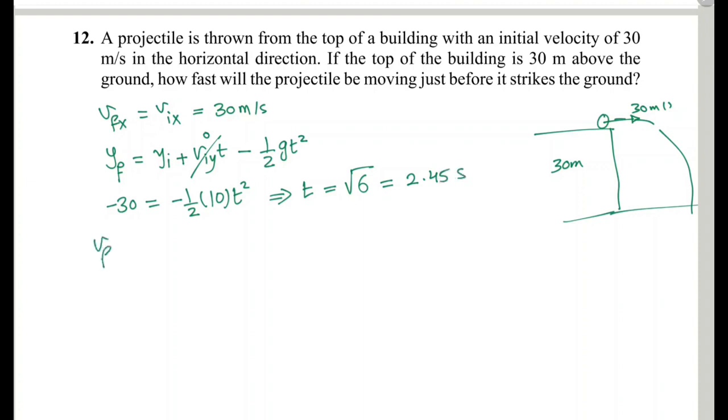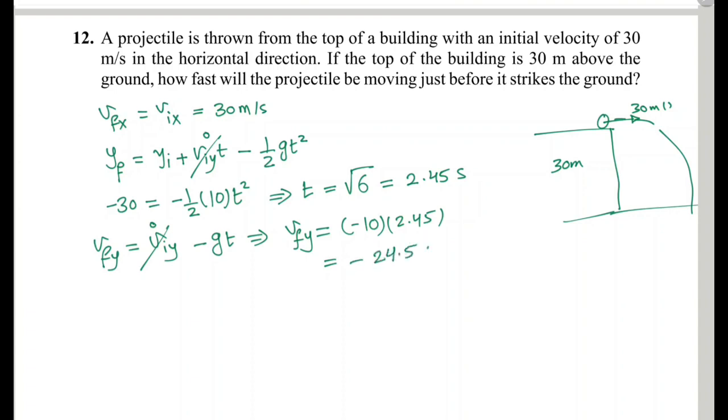So the final y equal to the initial y, which is 0, minus gt, or the final y equal to minus 10 times 2.45, in other words minus 24.5 meter per second.